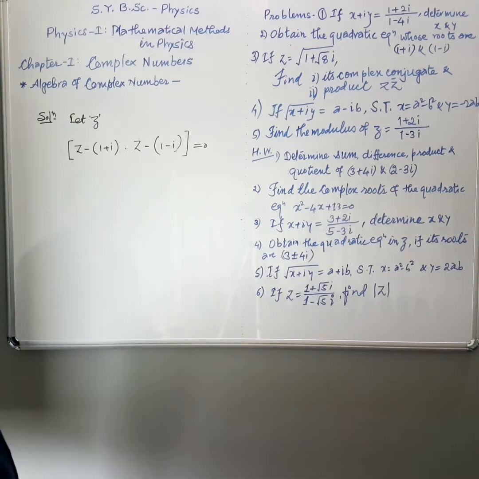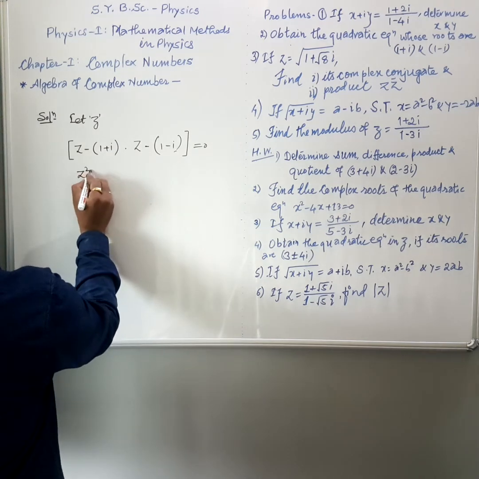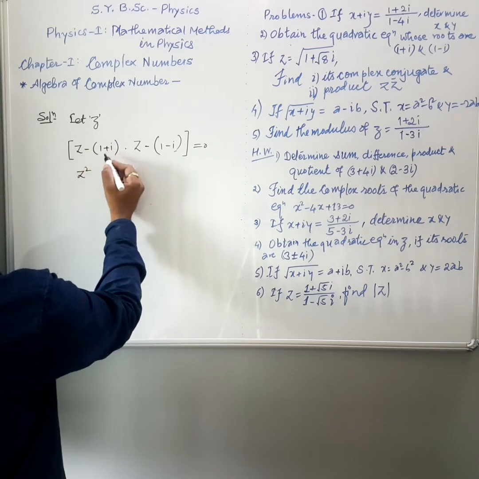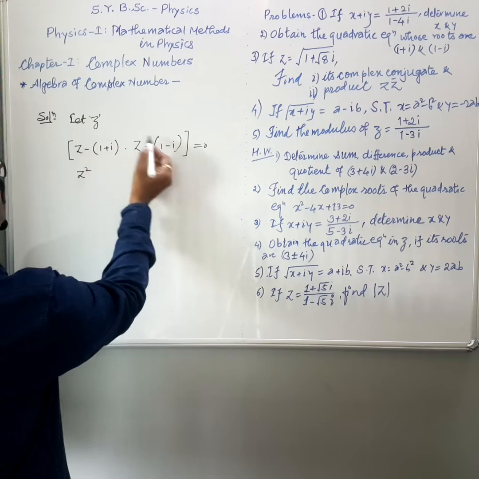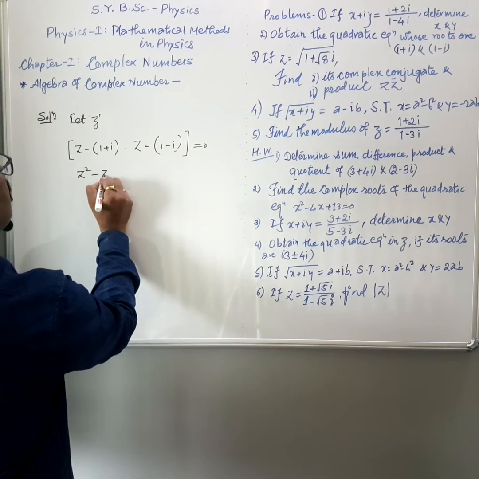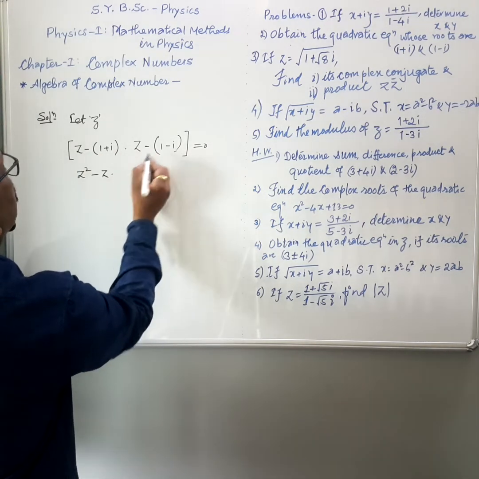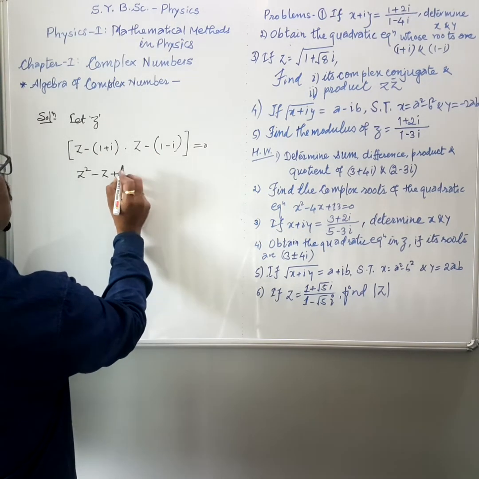Solve this equation. z into z, z square. Then z into this term, minus z, then z into i, minus zi.